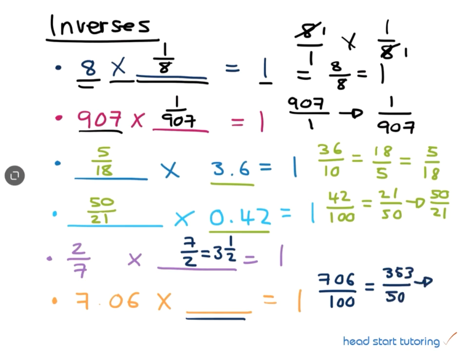And this, as an inverse, will be 50 over 353. So 50 over 353 is the inverse of 7.06. So multiplying 7.06 by 50 over 353 will give us an answer of 1 whole.